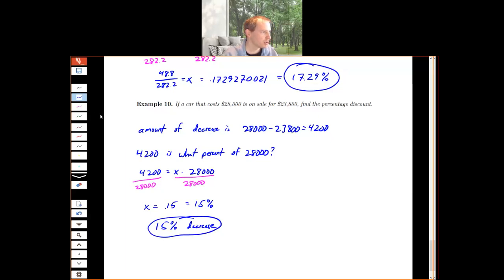Okay, suppose instead of doing this by writing out all of these words, I just used the formula. If I want to find a percentage increase or decrease, the percent is going to be the ending amount minus the starting amount divided by the starting amount. Right, that was the formula I wrote down. So I plug in my numbers.